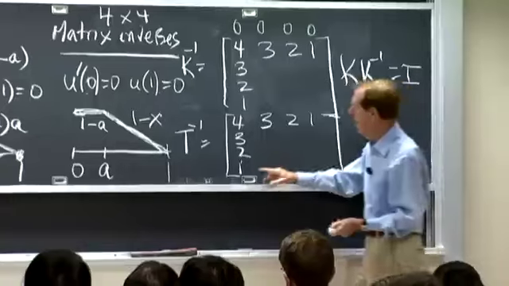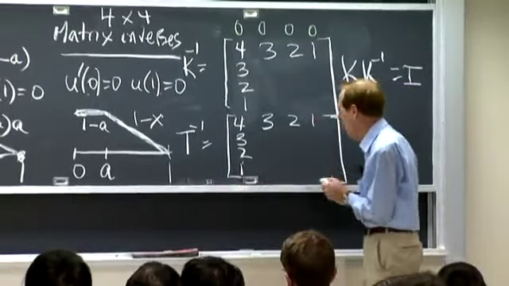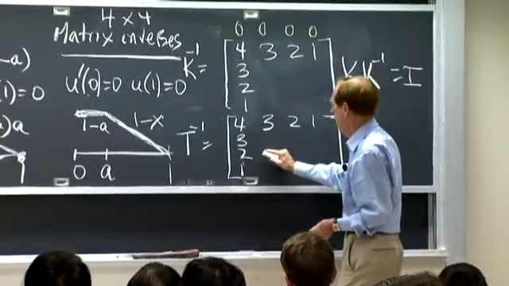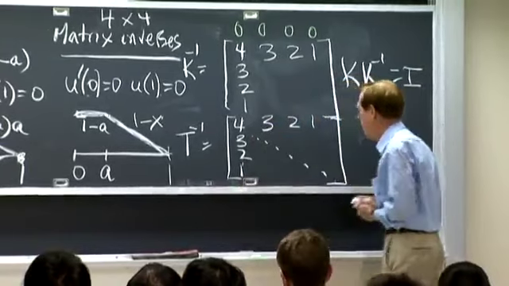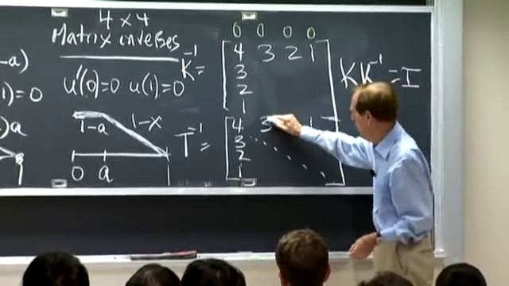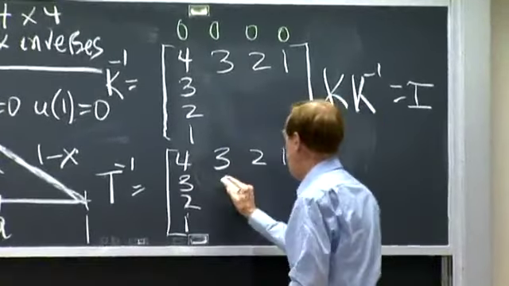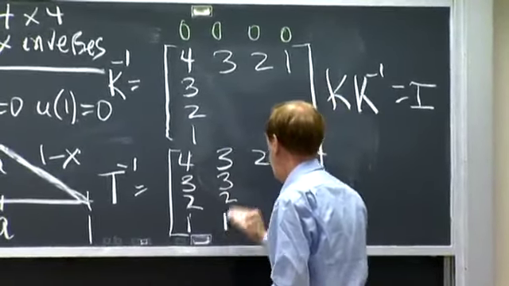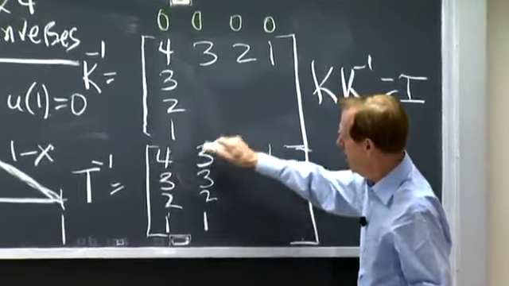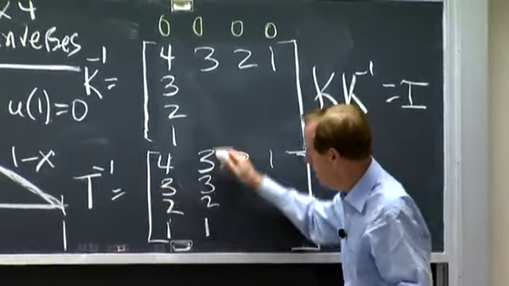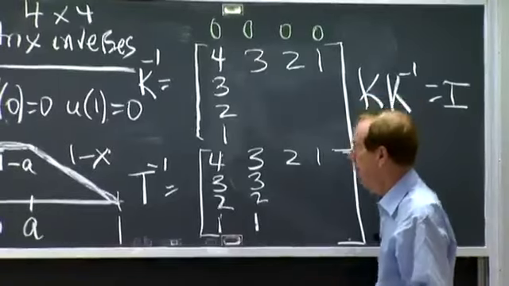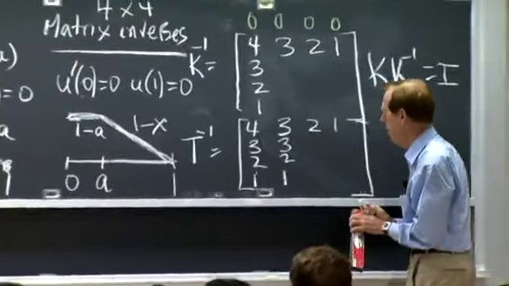And now let me show you how I write it in. I pay attention here to the diagonal. So this will be 3, 3, 2, 1. Do you see that? That's the solution that's sort of like this one.